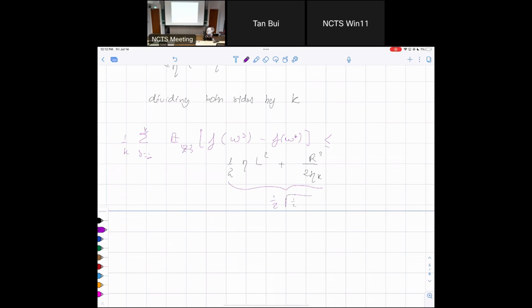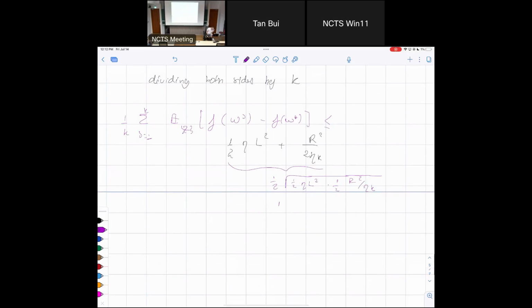AB is 1/2 of eta L square, and then 1/2 of R square eta K. Right? So this is 1/2 of 1/4. Okay, divide by eta. So we have L square R square K. You see that?